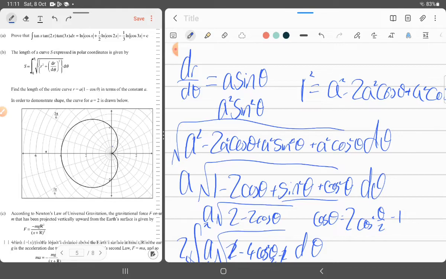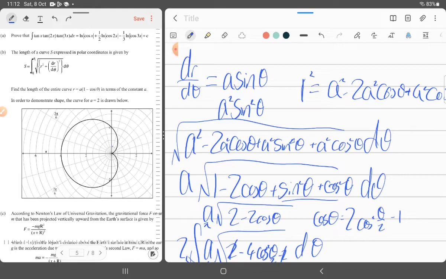Wait, actually, can I use that? 1 take away cosine theta. 1 take away sine squared, 1 take away cosine squared theta.